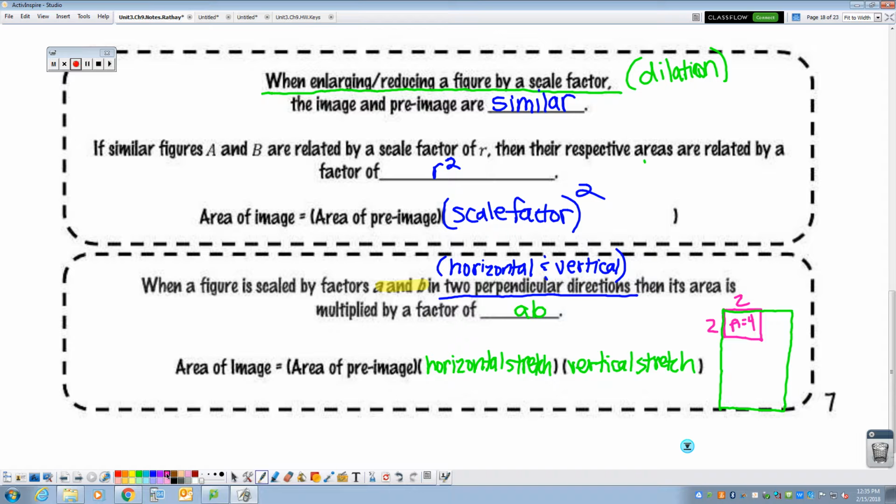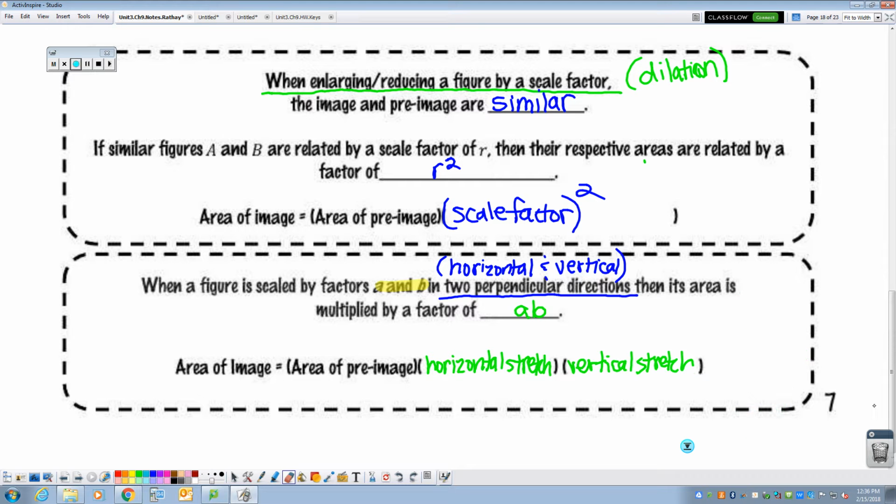Well, the area is the original area times my horizontal stretch and my vertical stretch, which gives me a new area of 24. I could have calculated that my new dimensions of my new shape are 6 by 4, but we won't always have that option, and that's why we have to understand the rule that we're multiplying times the horizontal stretch and the vertical stretch.